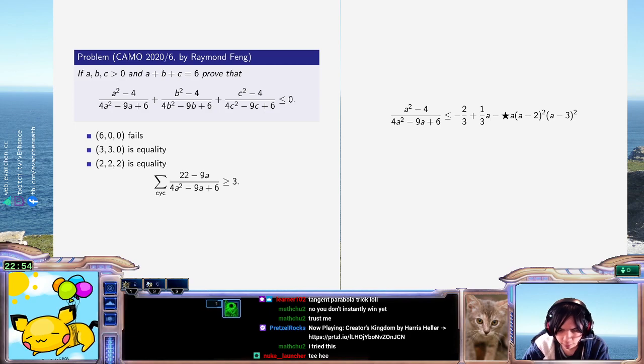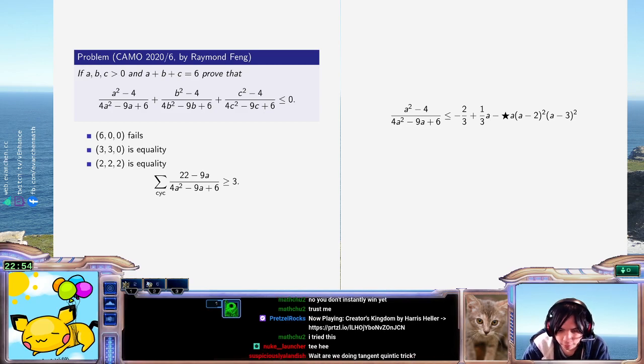So 2 minus a over 3, right? So 3a squared minus 12 over 4a squared minus 9a plus 6, and then plus 2 minus a. Yeah, we should do this no matter what because apparently that thing has literally 3 roots.